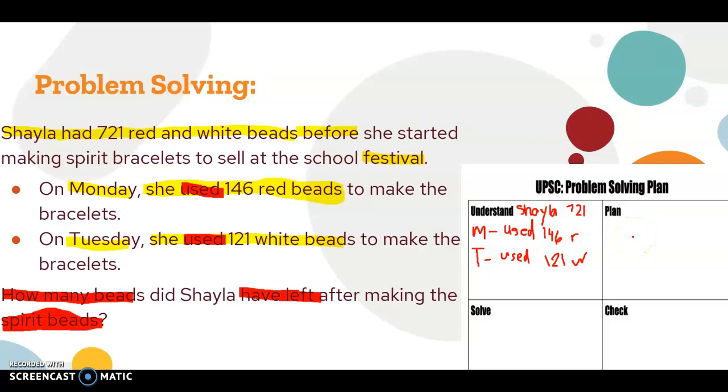So what should my plan look like? For my strip diagram, for my model, I want to know first the number of beads Shayla used. So I know that she used 146 red. I also know that she used 121 white.